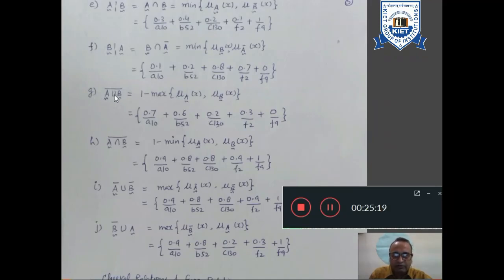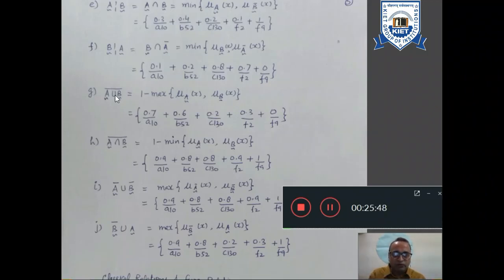So our objective is, first of all, to find the membership values of the A's complement fuzzy set and the membership values of the B's complement fuzzy set, and that we can achieve with 1 minus mu A(x) or 1 minus mu B(x). Once these two sets are ready, then finally we have to make the intersection of these two sets, and for intersection we take the minimum membership value among the two fuzzy sets.